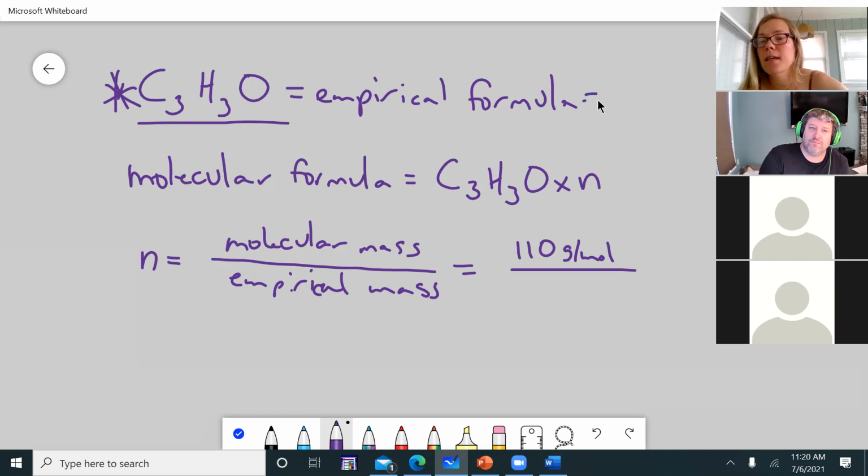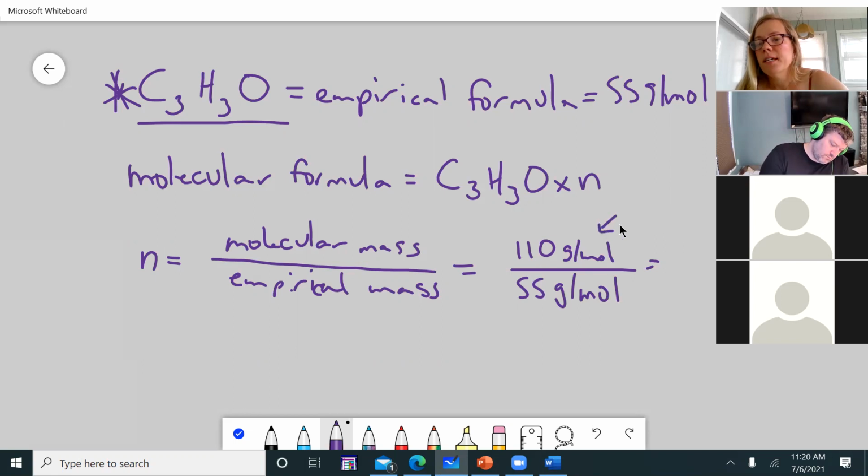So the mass of this is 55 grams per mole. I'm going to put that as the bottom value. Remember, the top is given in the problem, and the bottom is sometimes given, sometimes you have to calculate it. Well, what is our n value?